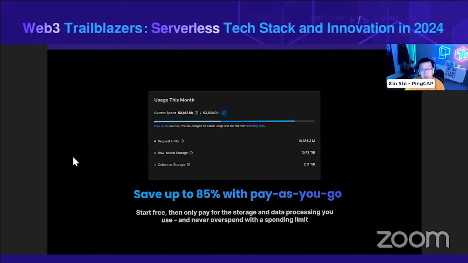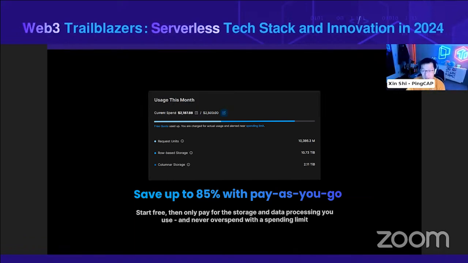So let's talk about cost efficiency. Here's some of the data we run every day inside our company. I got a screenshot from that application.